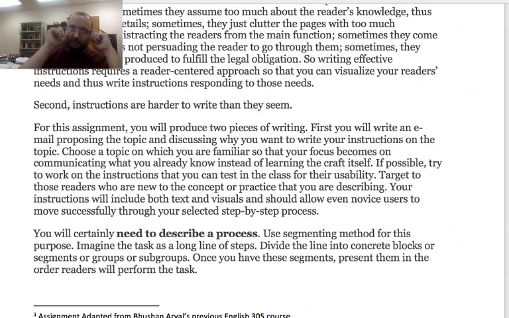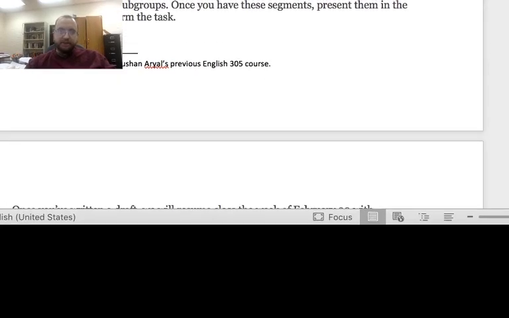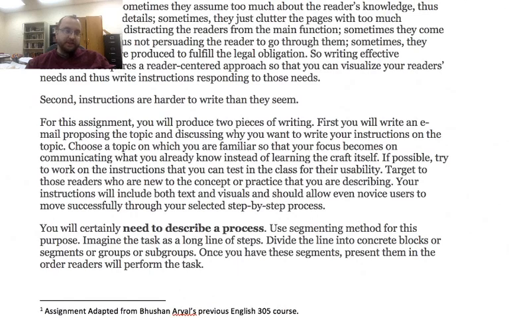So maybe a complex task that you can use at least maybe 5 or 6 steps to explain to an audience. You don't want to make it something too simple, right? That's the biggest thing. You want to pick something complex enough to where you can go over multiple steps.